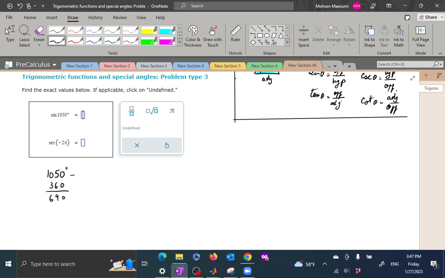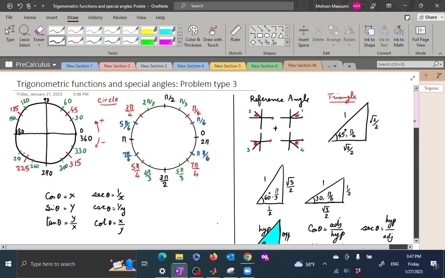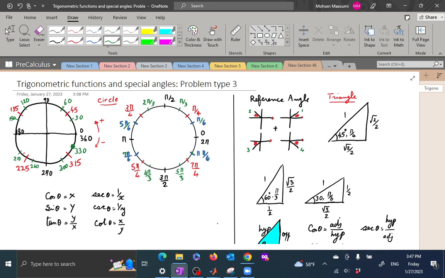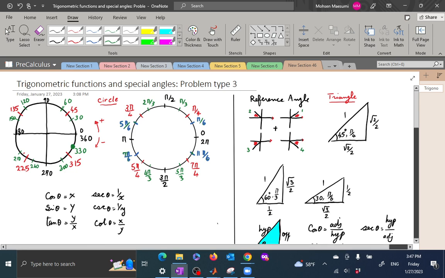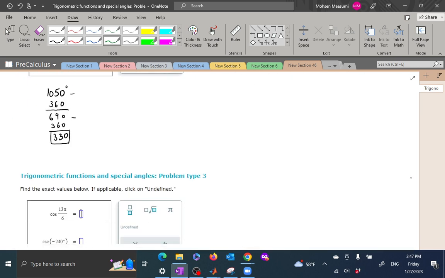That's still a big angle. I do a second subtraction of 360. I'm left now with 330 degrees. 330 is one of our special angles, so it's on your circle. 330 is less than 360, so if you go to the circle, see where it is. 330 is over there, and on your circle perhaps you have the following designation.